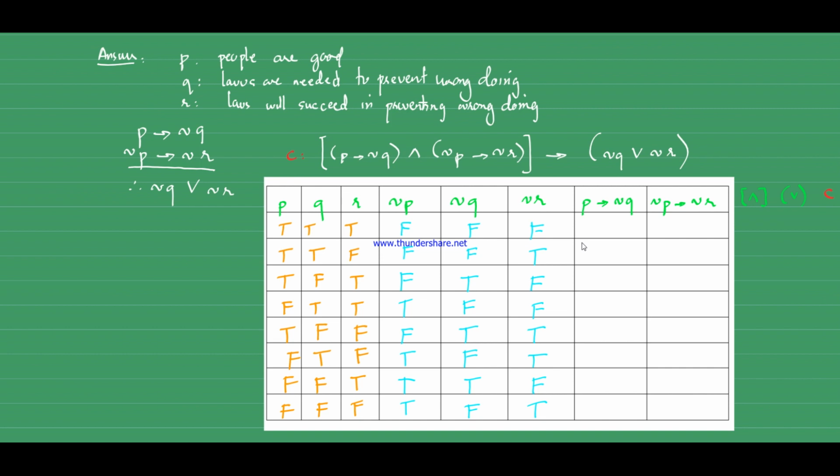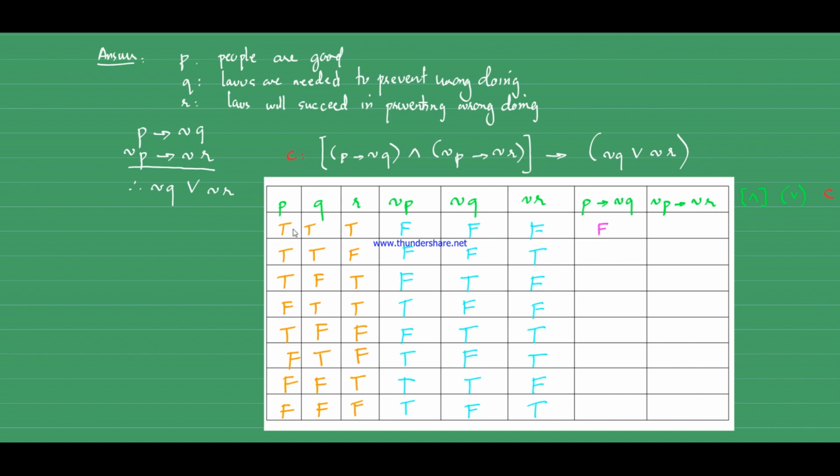Okay, so P implies negating Q. So pass the course, but did not get the watch. You will have 4.